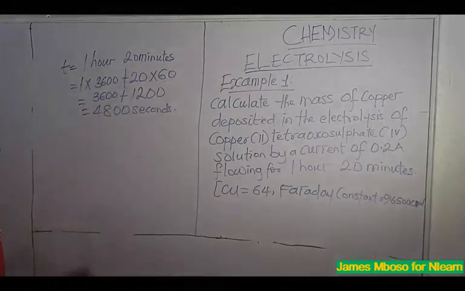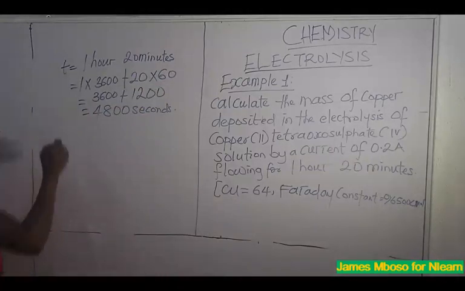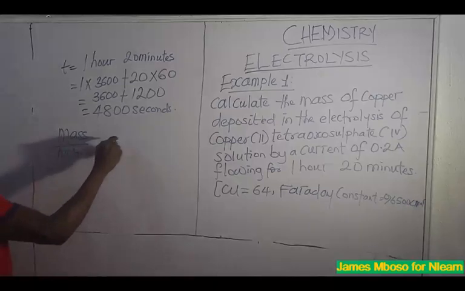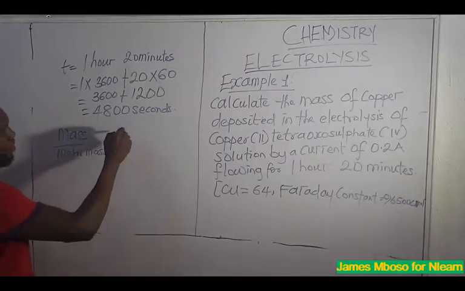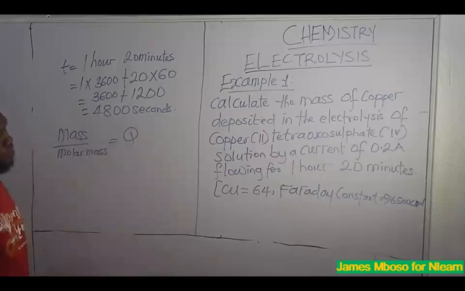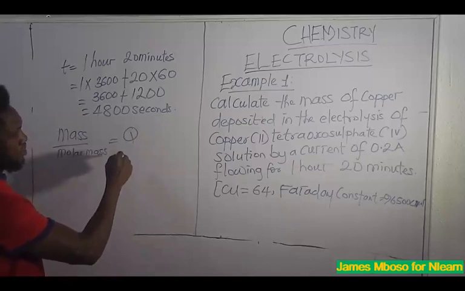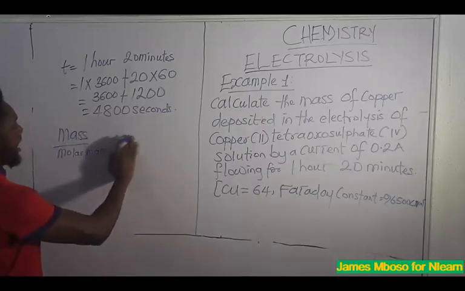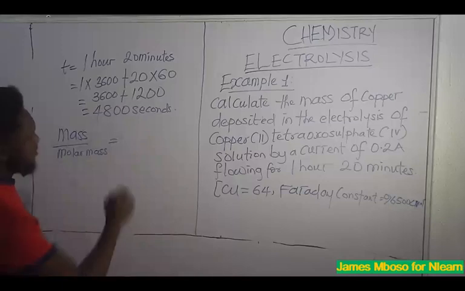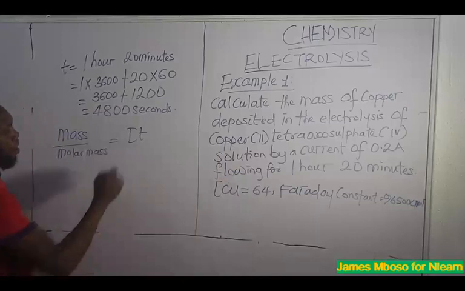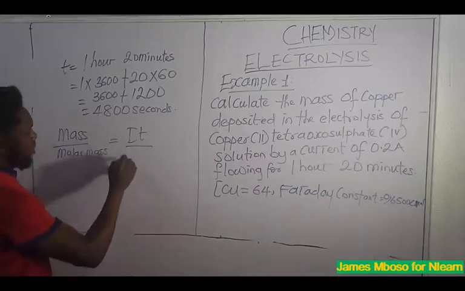Okay, we put down our formula. Don't forget we are looking for mass, so we'll use the formula that connects mass: mass over molar mass equals Q. Our Q at this point will now be IT, because we have been given our I as 0.2.